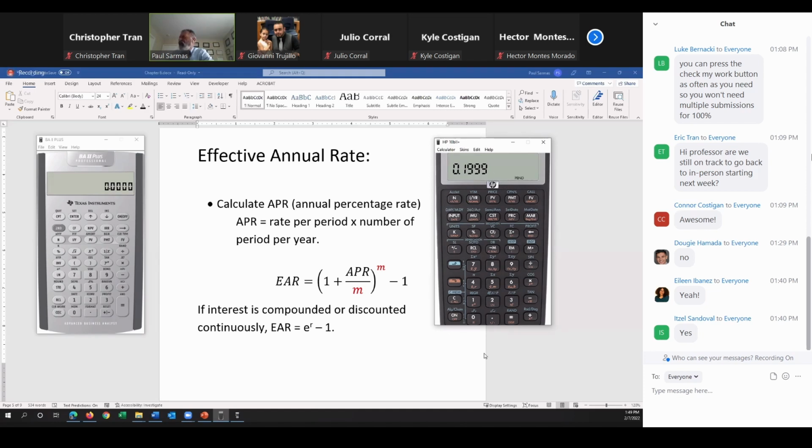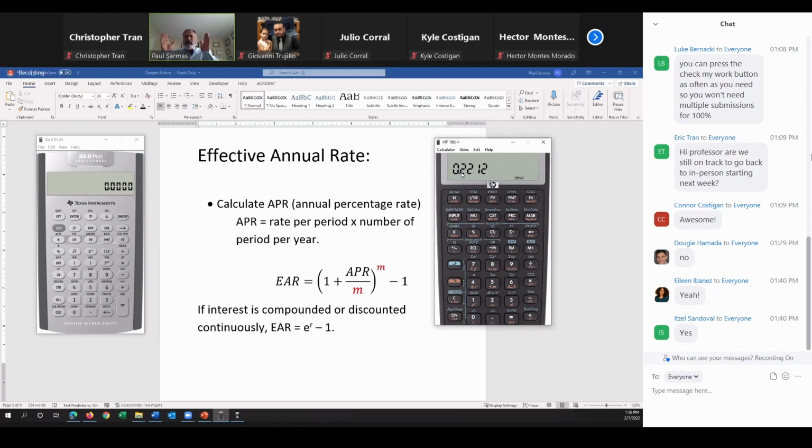So divide that by 365, then add 1 to that. That's 1 plus APR over n. Take it to the power, that's the orange key, the multiplication key, to the power 365. You will get 1.2212, subtract 1 from that. I am paying 22.12%.